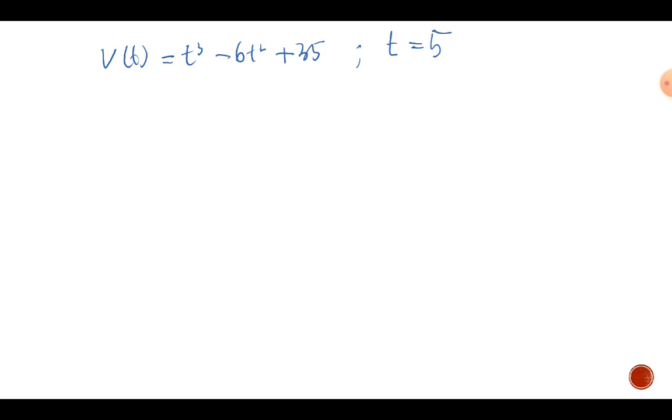Okay, so for this one we have this equation and we want to find rate of change, perubahan, with respect to masa t. So in order to find instantaneous rate of change at t equals to 5, you may use limit (V(t) minus V(5)) over (t minus 5) as t approaching 5.